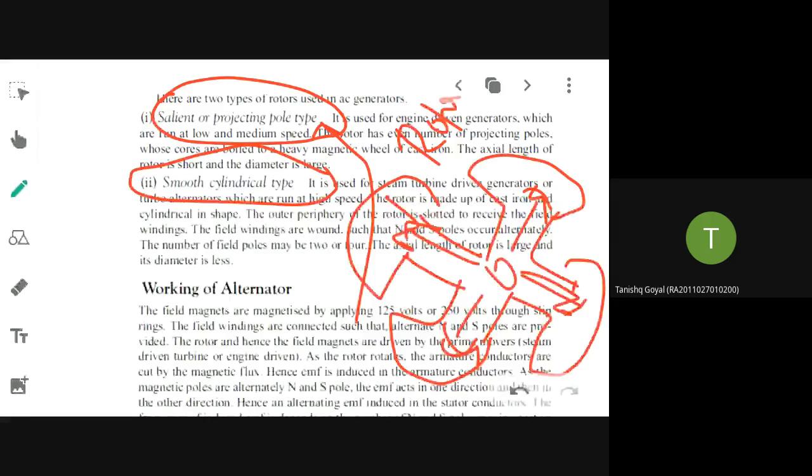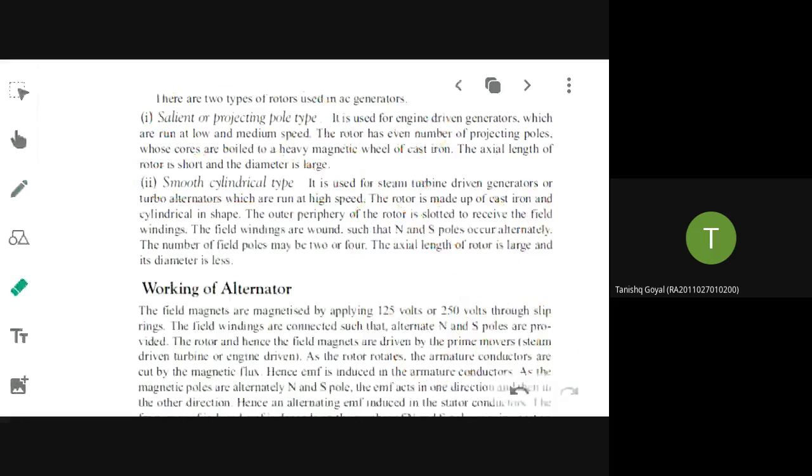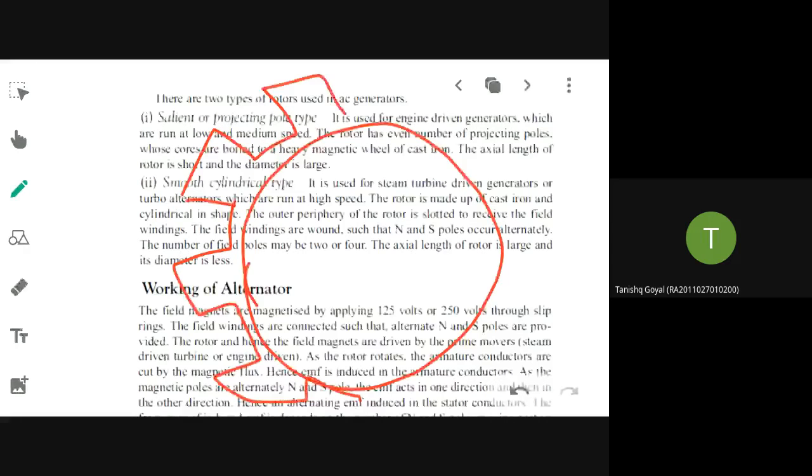But on the other hand, if you have a smooth cylinder, the arrangement will look like this. I am not drawing it properly.